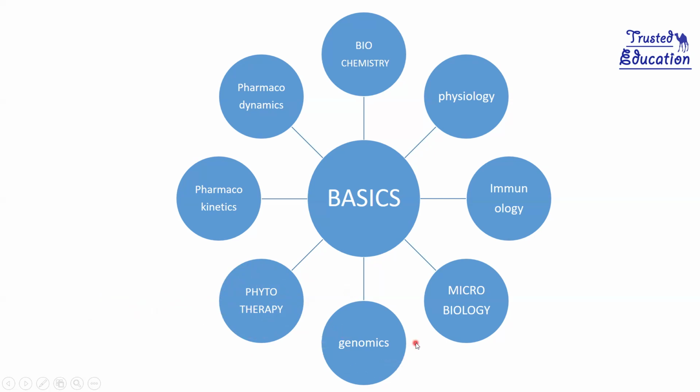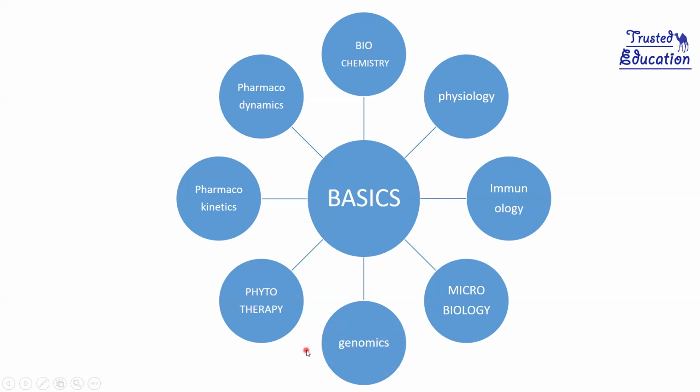Also, we have genomics. In genomics, we have to know the definition of a gene, the definition of mutations, and the types of mutation, for example whether it is silent or not. Also, there are some genes related to specific medicines.